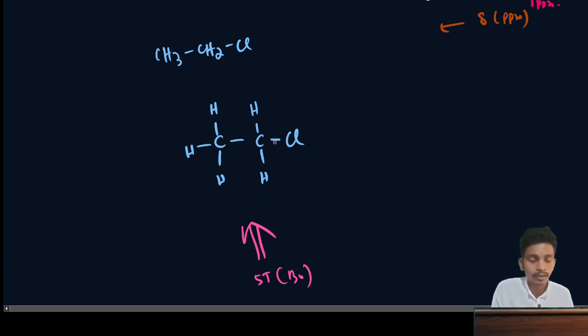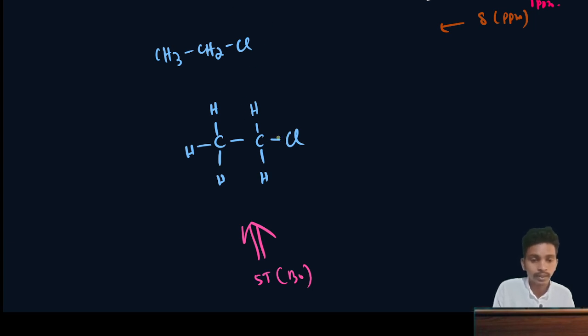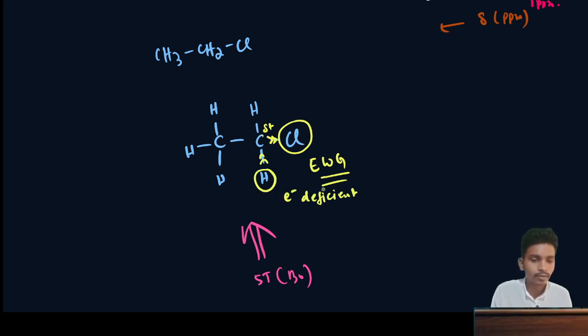Now what you see here is that this is always an electron withdrawing group, because the electron withdrawing group dominates, being a highly electronegative group, so it will take electrons from this. If it is taking electrons, then this becomes electron deficient and gets a delta positive charge. It means that this hydrogen is electron deficient, and let's say this is HA and this is HB.